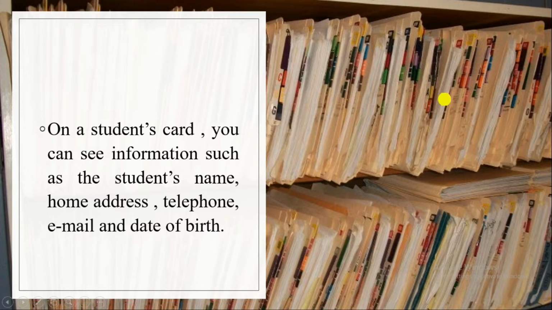All his details will be stored here: his marks, how well he is doing in sports, arts, everything. It is called a student's card or file. Previously, before computers were introduced, we used these kinds of cards or files. I suppose it is understood, so moving on to the next slide.